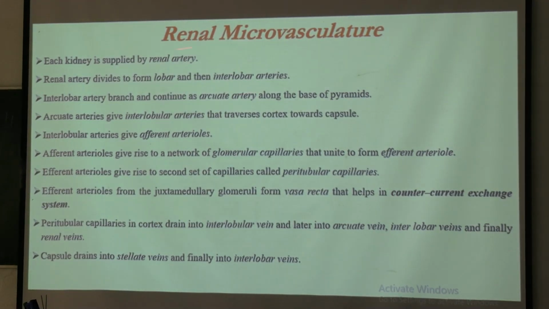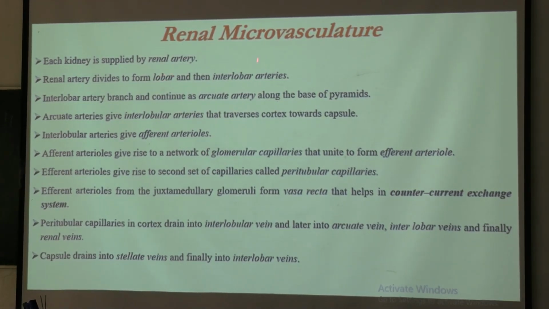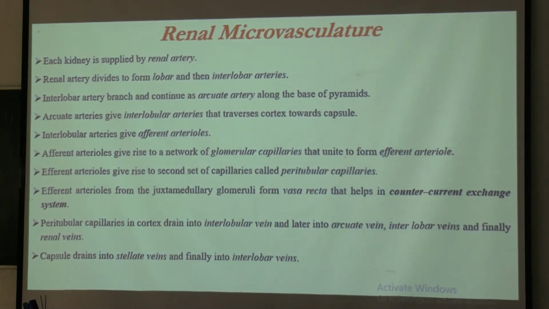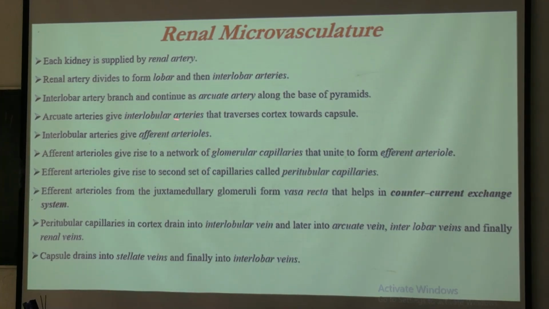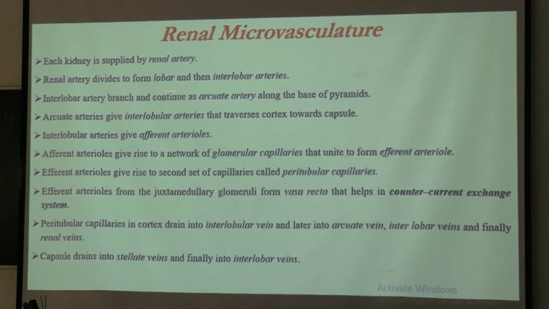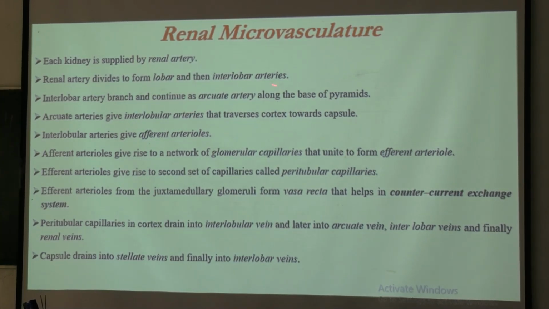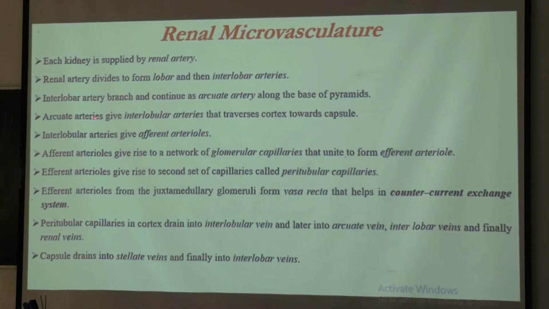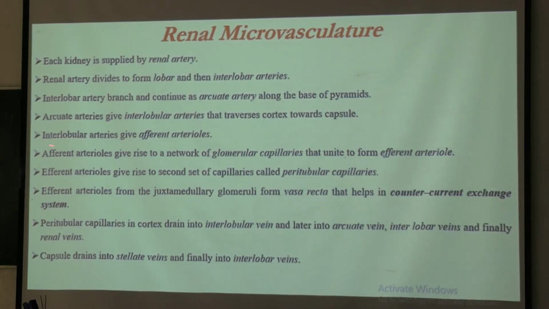So, renal microvasculature: each kidney is supplied by the renal artery. The renal artery divides to form lobar and then interlobar arteries. The interlobar artery branches and continues as the arcuate artery along the base of the pyramids, bifurcating into two arcuate arteries. Arcuate arteries give interlobular arteries that traverse the cortex towards the capsule.